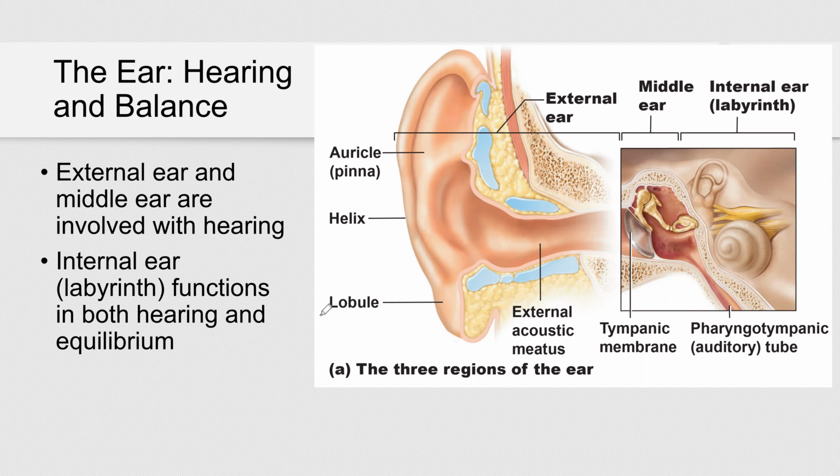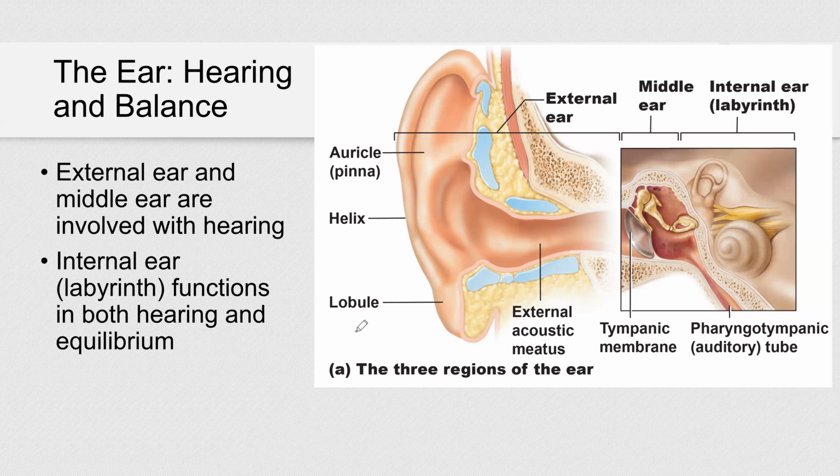Special means you have specific organs that are dedicated to that type of sensation, like your hearing or your balance. Without your ear, you will not be able to receive the stimulus and feel it, right? You will not be able to hear and you will not be able to keep your balance. So let's look at the structure of the ear.